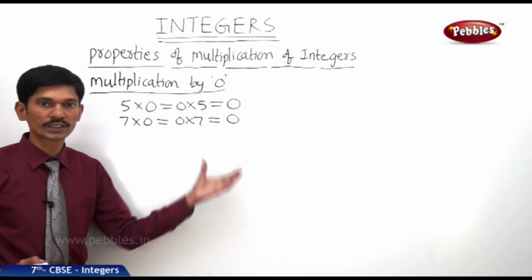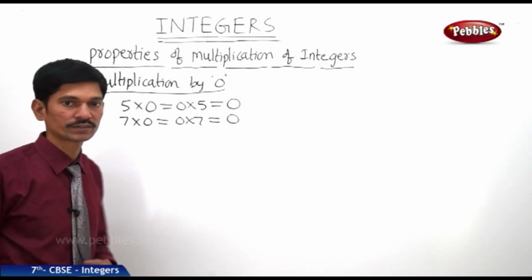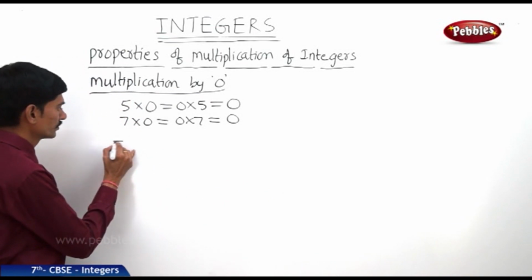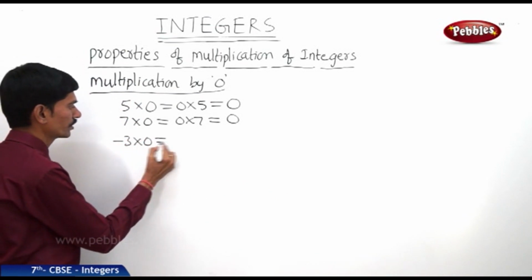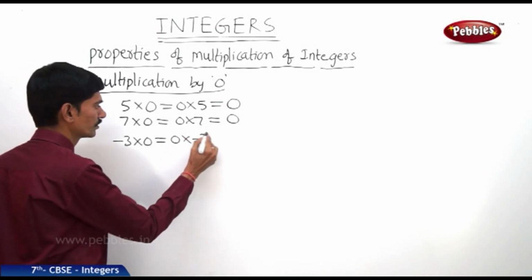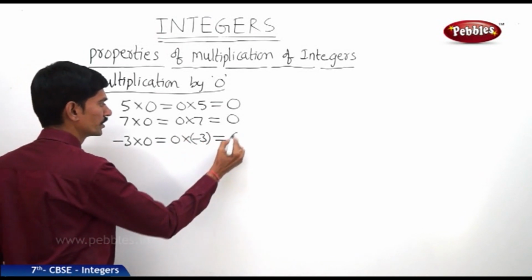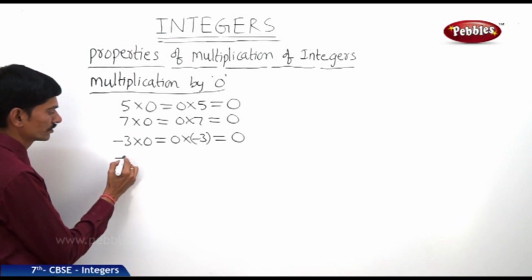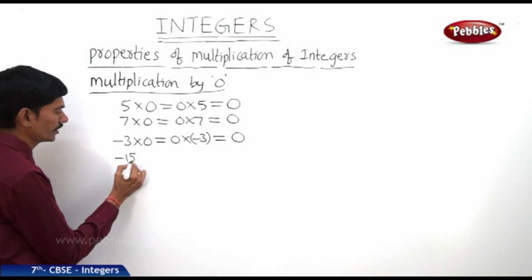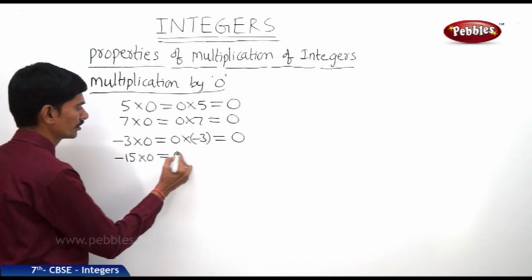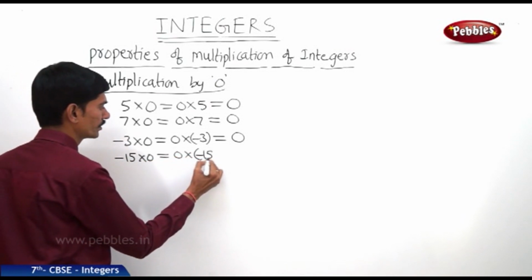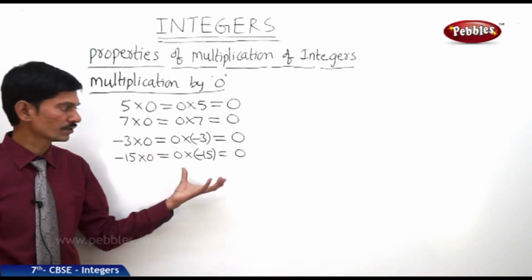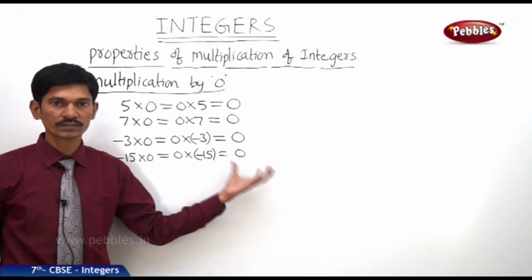So is it applicable in case of negative integers, means in case of integers? Now let us see, minus 3 into 0 equals 0 into minus 3 equals 0. Or if you take any other integer, minus 15 into 0 equals 0 into minus 15 equals 0. So if you multiply any integer by 0, then we will get the product again 0.